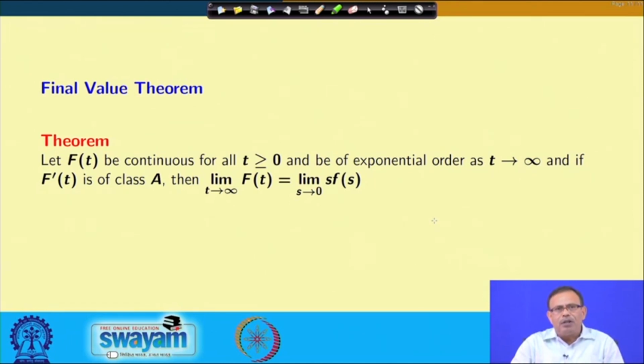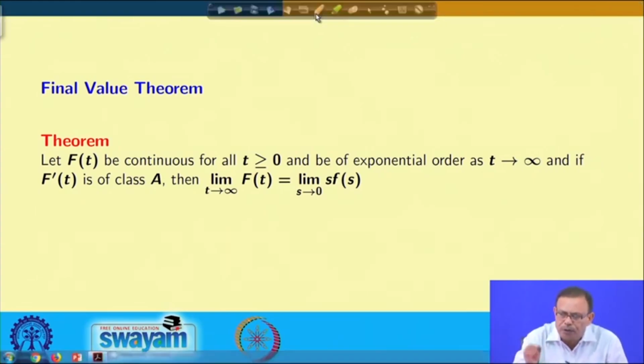And if f'(t) is of class A, then limit t approaches infinity of f(t) is equal to limit s approaches 0 of s F(s). So, limit t approaches infinity of f(t) is equal to limit s approaches 0 of s F(s). So, let us see the proof of this one.